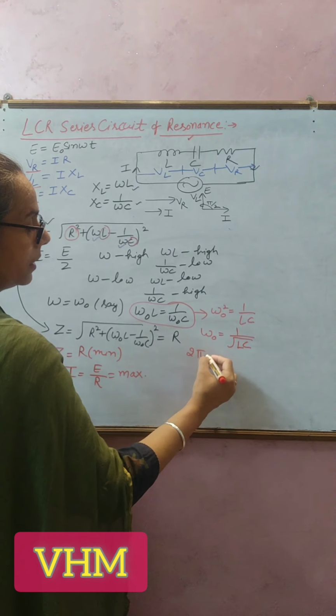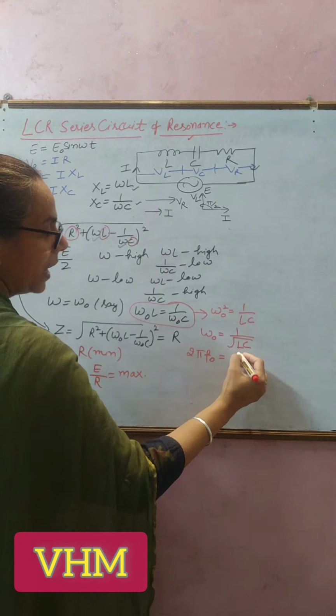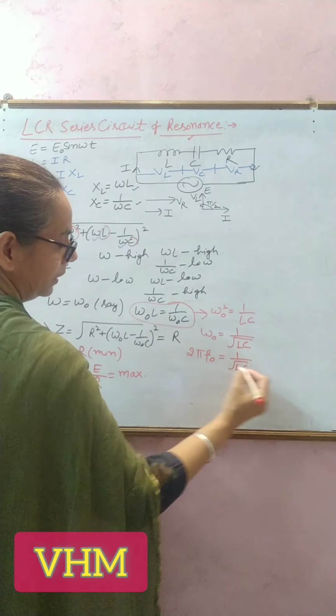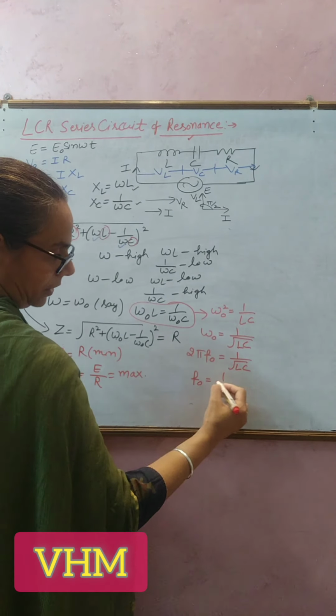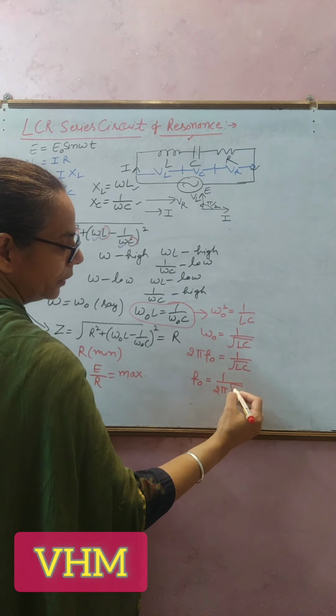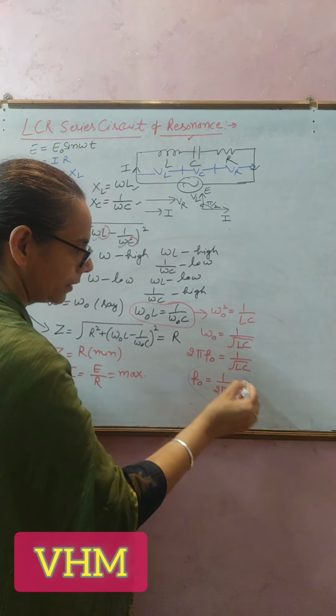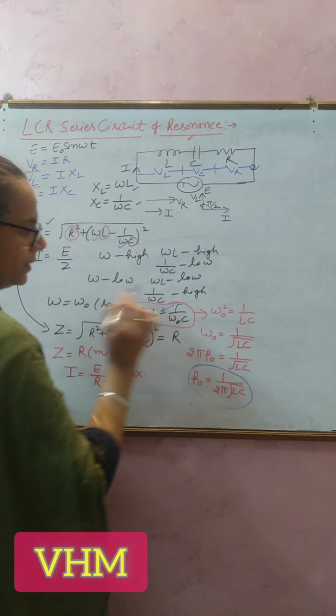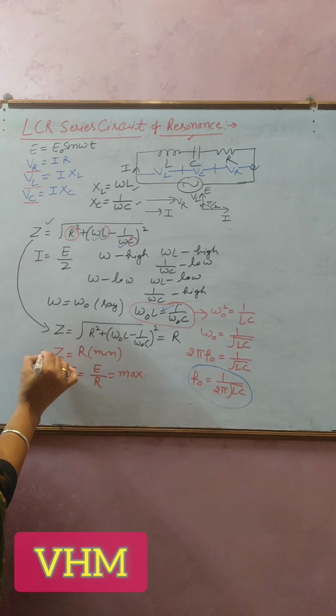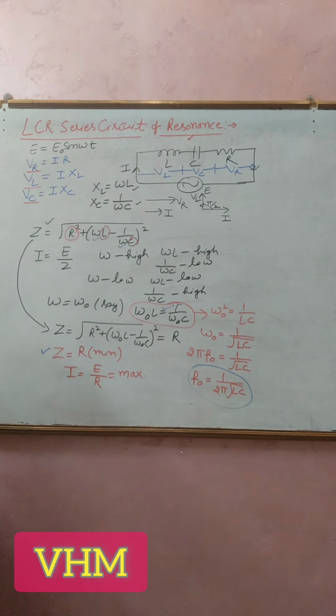If we want the frequency, because omega is the angular frequency, then the frequency is 1 upon 2 pi under root LC. This is the resonance condition: at this frequency, Z is minimum, and this Z is the impedance of the circuit.